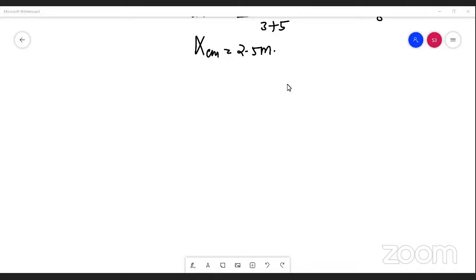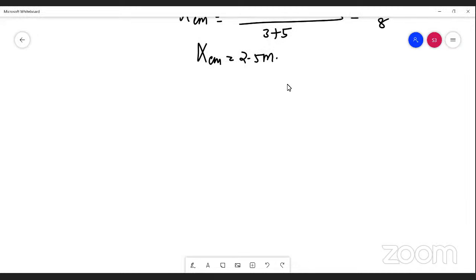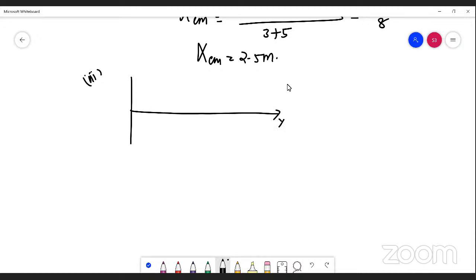Actually, this is not asked in your problem, but let me show you that if the origin coincides with the center of mass itself, along the x-axis. This is the center of mass, this is a 3 kilogram mass, and this one is 5 kilogram mass.